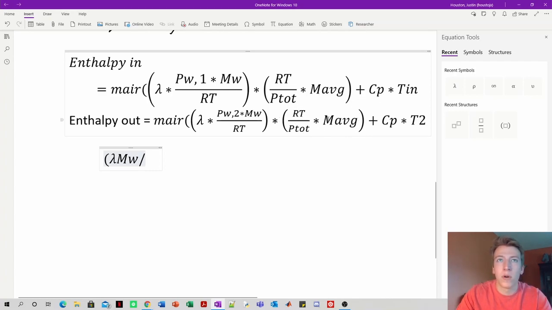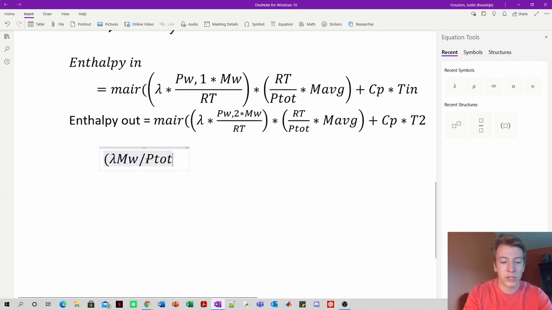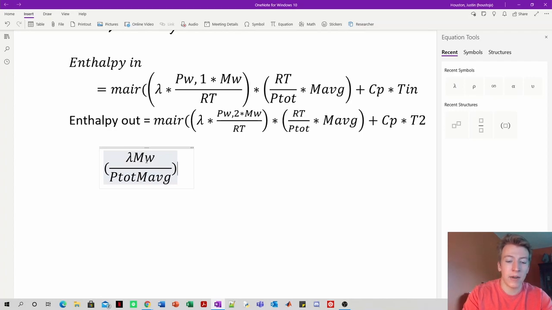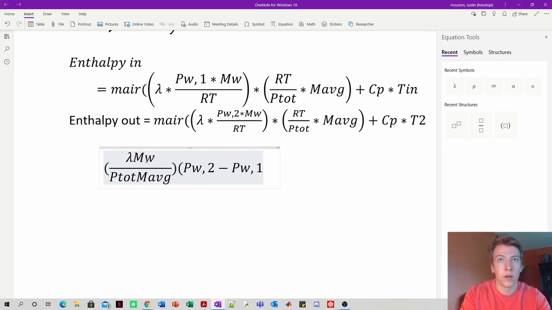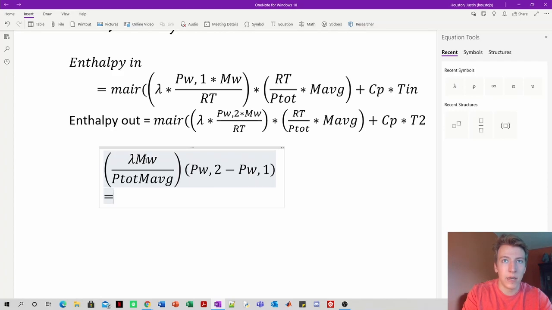So just know that we're going to take those out, but they should both be in the denominator. And then we can have this all being multiplied by the difference of PW2, the partial pressure of water at location 2, minus the partial pressure of water at location 1. And then that whole side is going to be equal to the heat capacity times the difference of T2 minus T1.